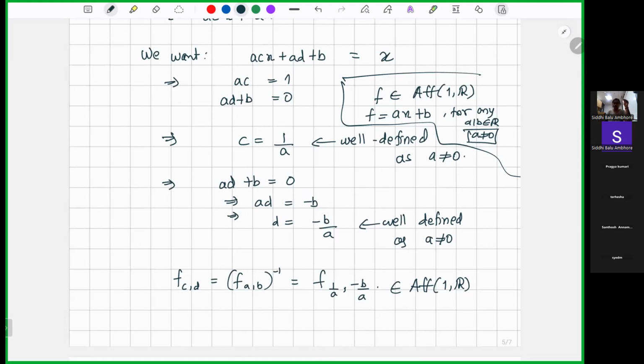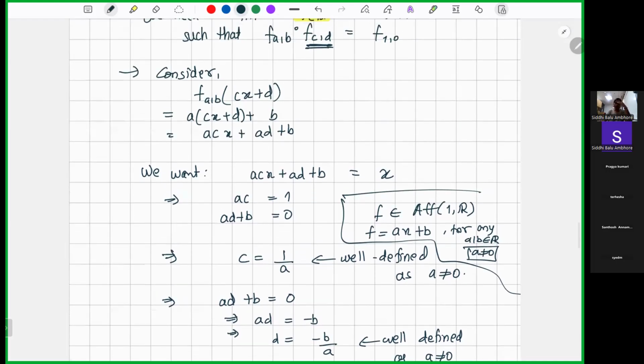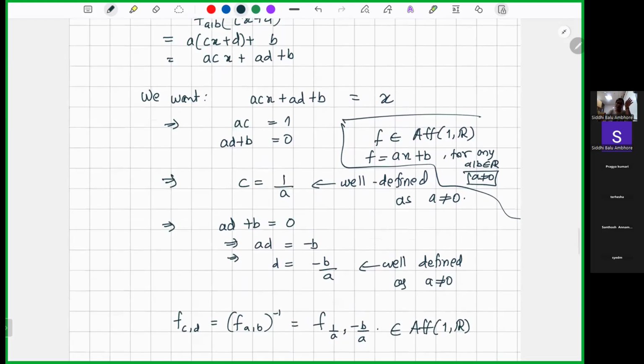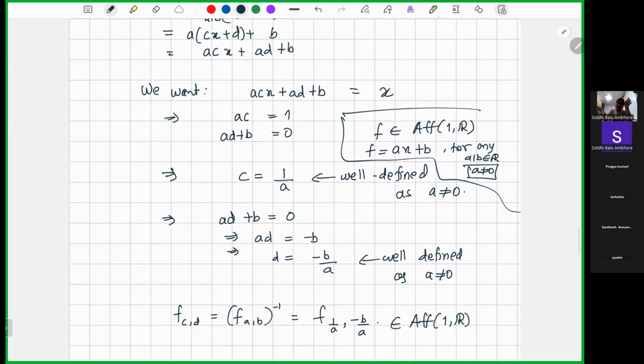The identity x itself would work, that's not a problem here, but the inverse won't exist because we calculated that C needs to be 1 by A for the inverse to exist.